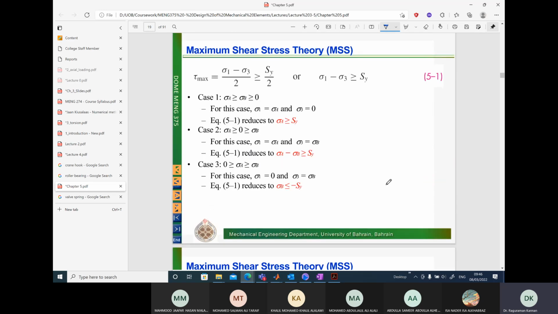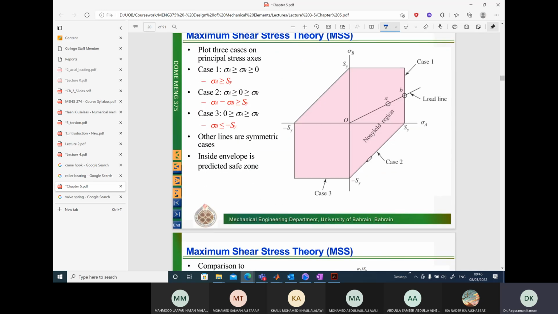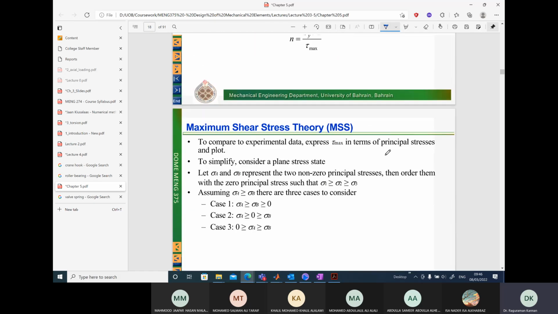In the case of MSS, the maximum shear stress theory, we see the failure envelope is modified in the second and the fourth quadrant.